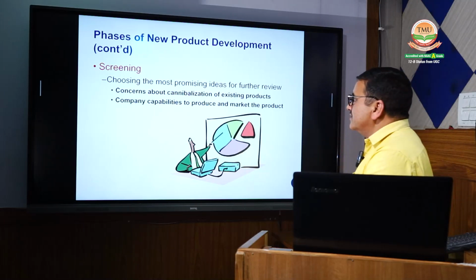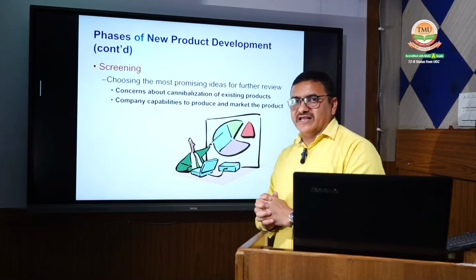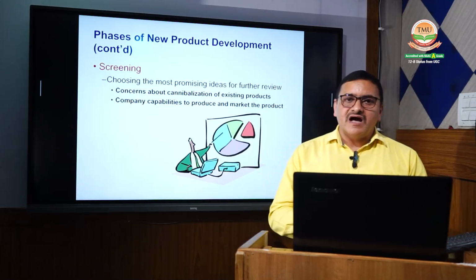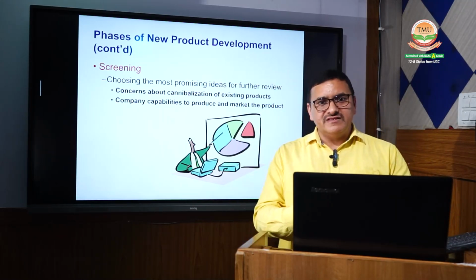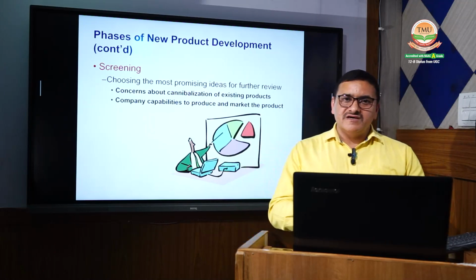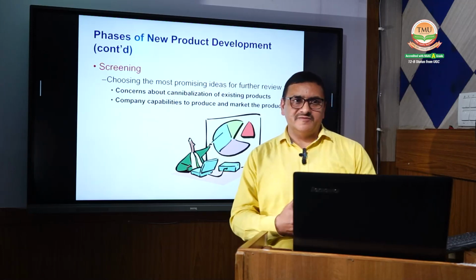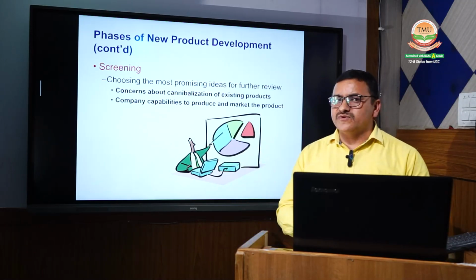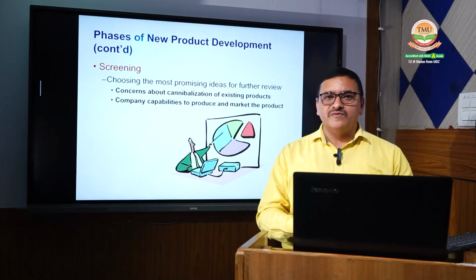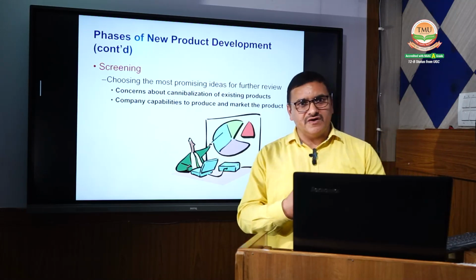And we should be concerned more about cannibalization of the existing product. Cannibalization means whether our product is competing with the existing product of the organization, or whether there are n number of similar or substitute products available in the market. So how will our new product be able to compete with all those products which the competitors have or which we already have?